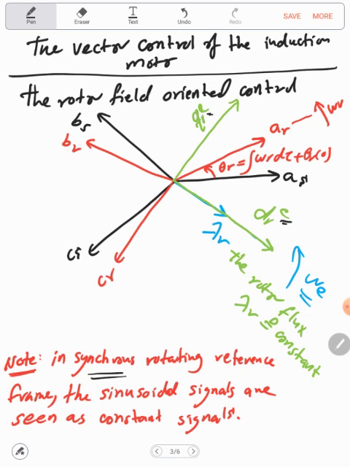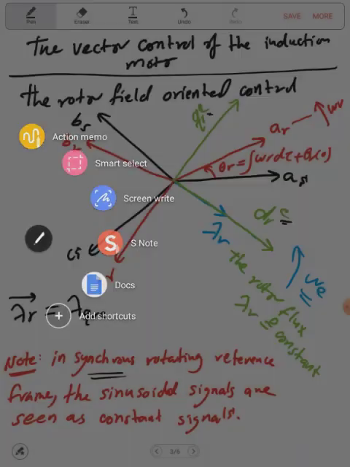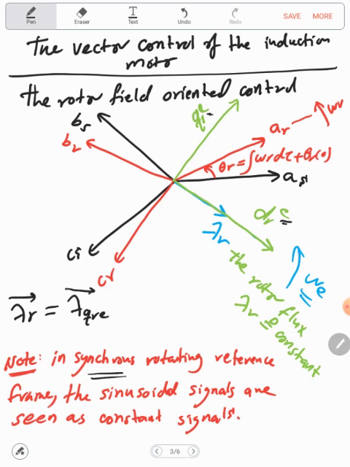If this is the case, what will happen? In general, we know that lambda r as a vector has two components, one in the direction of the d axis and the other in the direction of the q axis. So here we have lambda qre as a vector plus lambda dre as a vector.